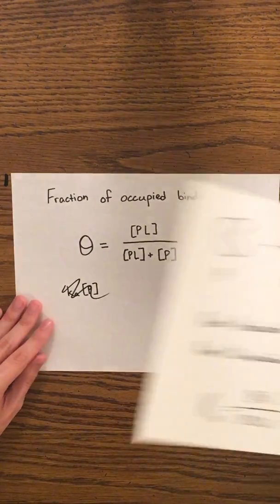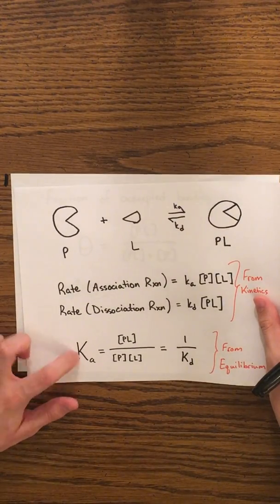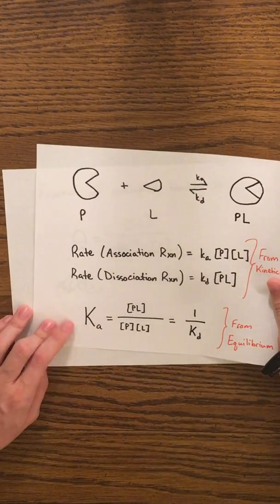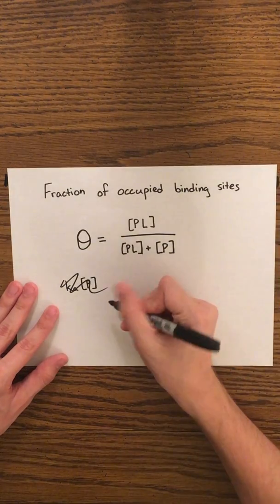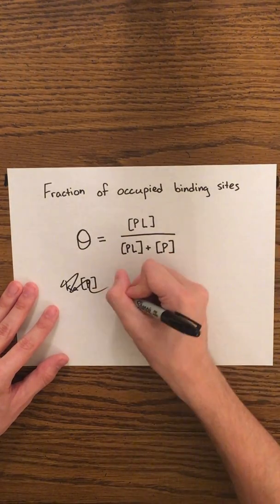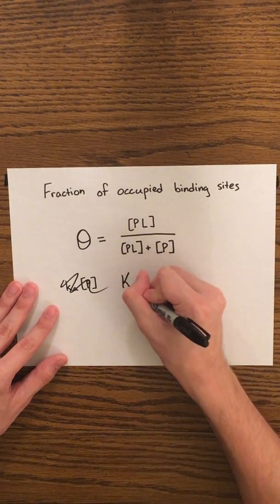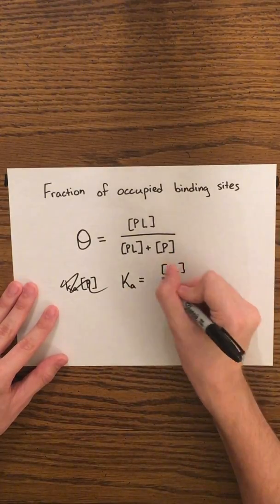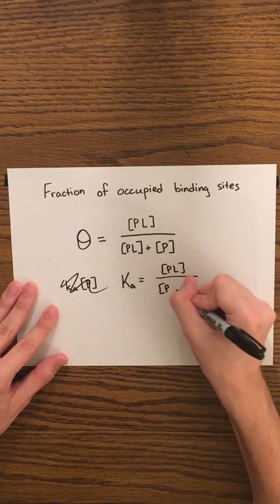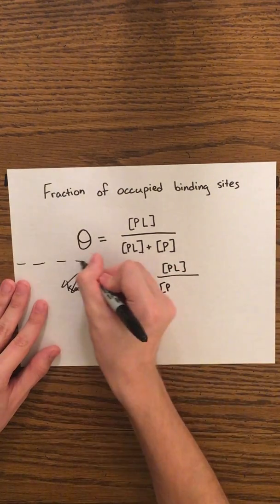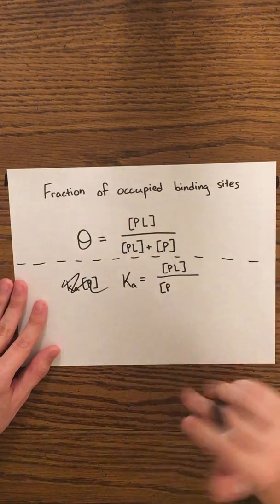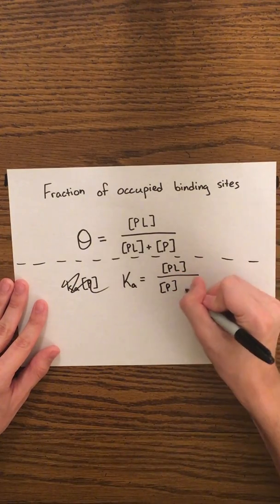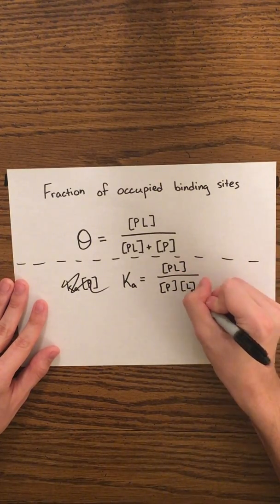Looking at our equilibrium, we can rearrange this and say that we had Ka equals [PL] over [P][L]. Sorry, I'm just going to delineate this a little bit. Right?